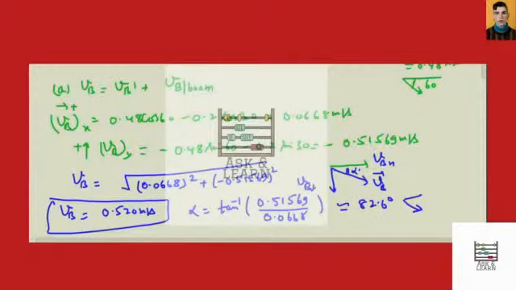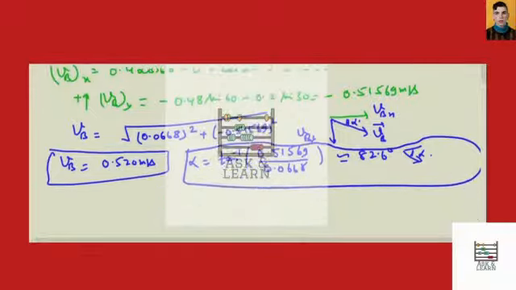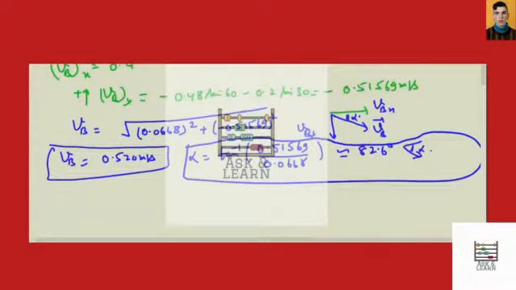Alpha 1 will be the inverse cosine. Oh, wait a minute, I forgot to get the magnitude. F1, oh wait, we know the magnitude, it's 60. Silly me.